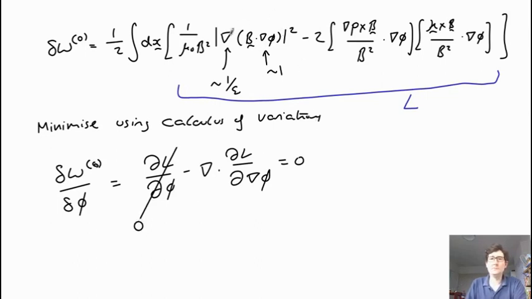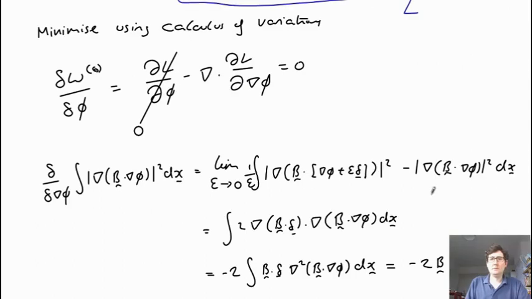The next term you get some stuff from here, and terms obviously from here and from here. This term takes a little bit of looking at. One way of deriving it, I'll show you quickly here. This is the functional derivative of this expression, the modulus squared of the gradient of b dot grad phi.